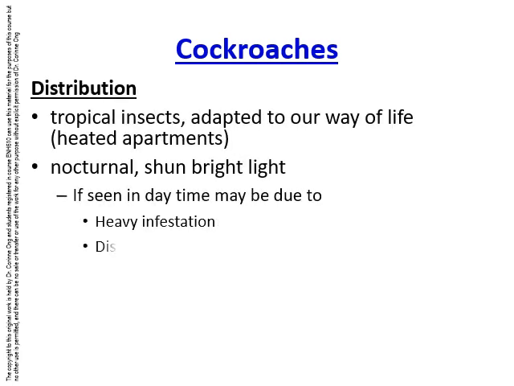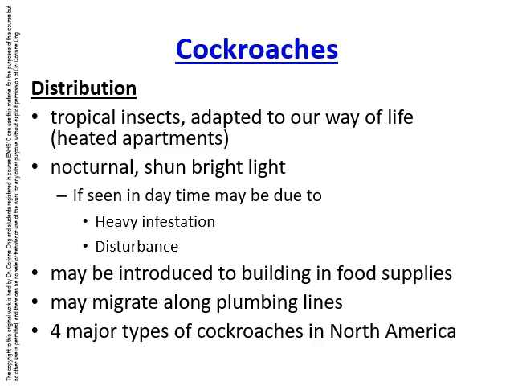Most of the cockroaches have originated from the tropics. However, the ones that are in Canada have adapted to our way of life and like our heated apartments or houses. Like rodents, they're nocturnal, and you generally don't see them in the bright light of day. And if you do see them in the daytime, it's because there's probably a very heavy infestation, or there might have been a disturbance which causes them to crawl out of their hiding spots.